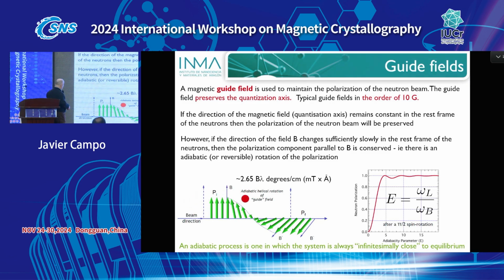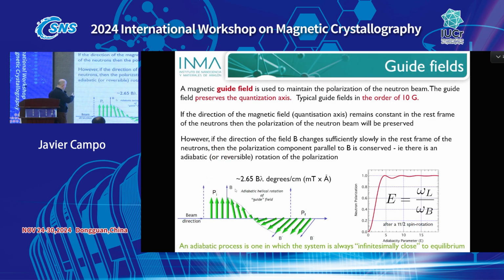Then this is called adiabatic rotation. And this is related with the fact that polarization will precess along the magnetic field, and also due to the energy of the neutron, it will have a Larmor frequency. And then the polarization will follow the magnetic field.